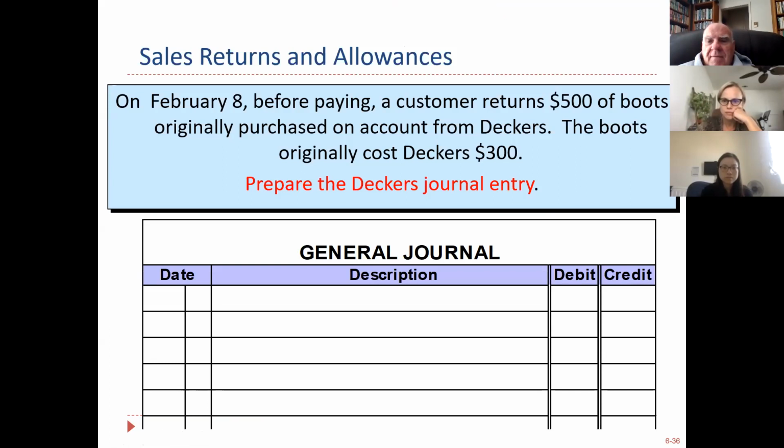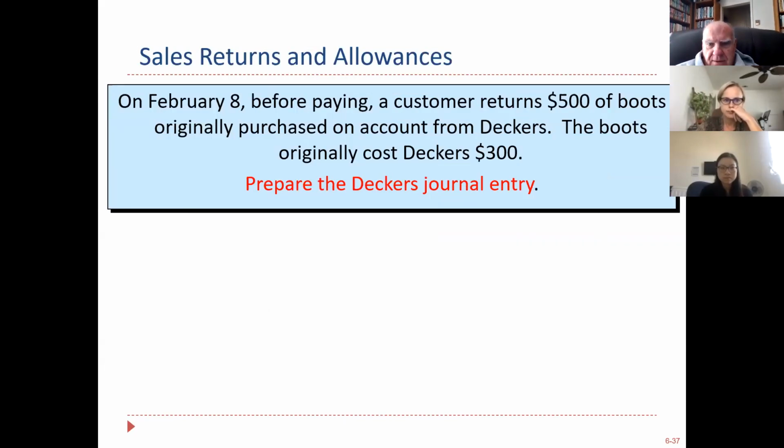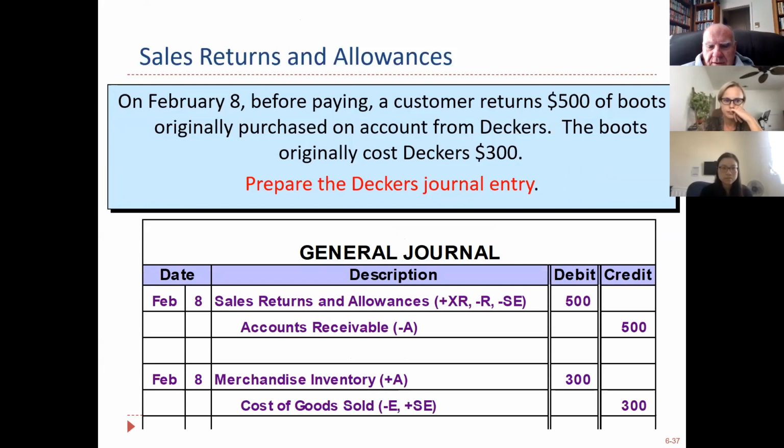So before paying, they return the boots. We have to record both the cost and the sale and the return. You can do this in one journal entry or two, probably easier in two. He doesn't owe us $500 anymore, right, Callie?